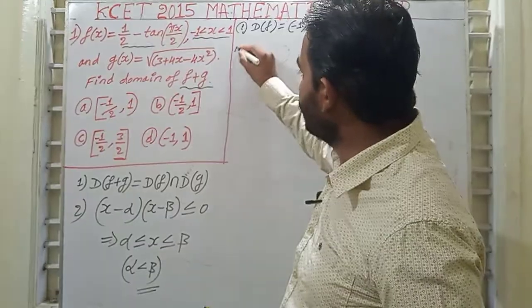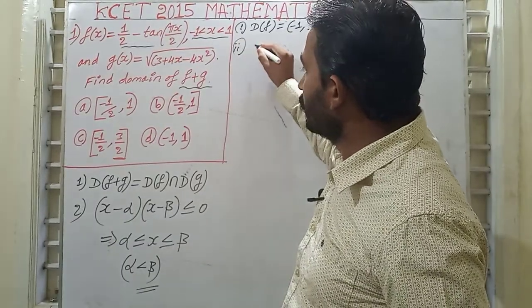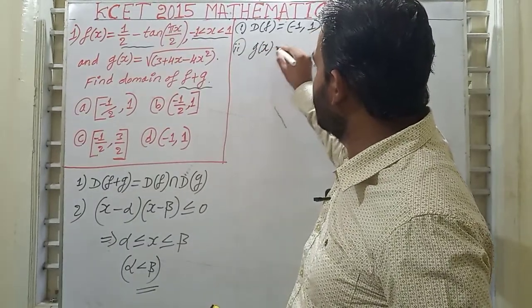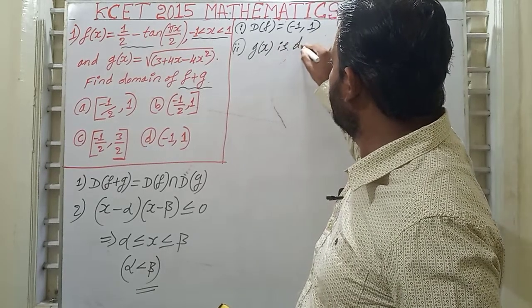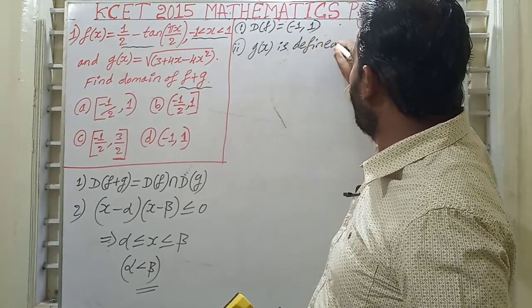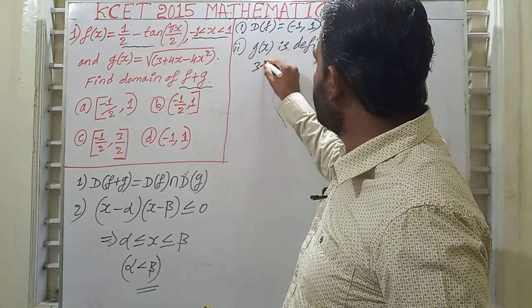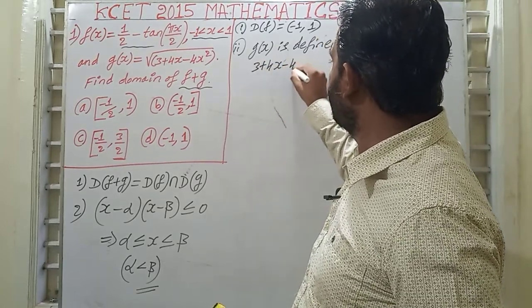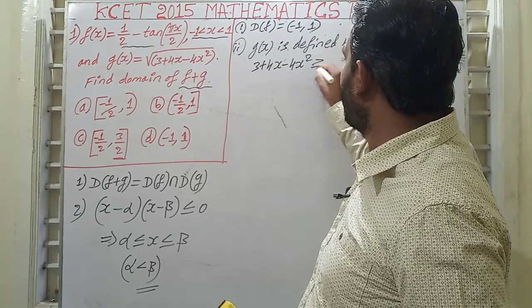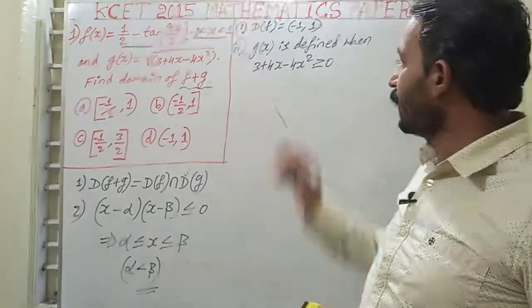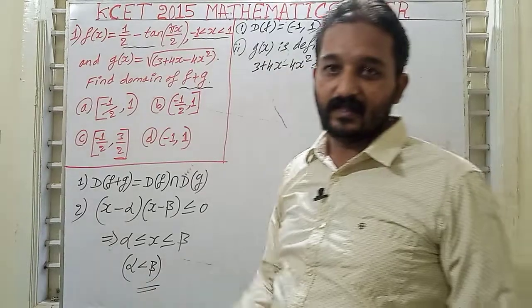For the g of x function, g of x is defined when 3 plus 4x minus 4x square is greater than or equal to 0. Now we have to find out the x values, that is the domain of g.